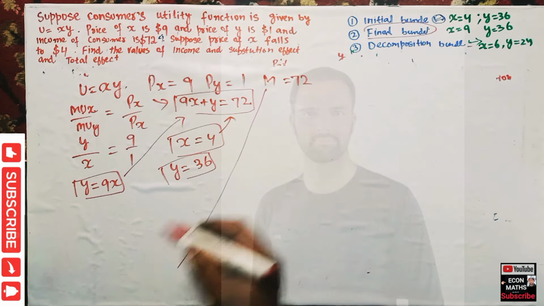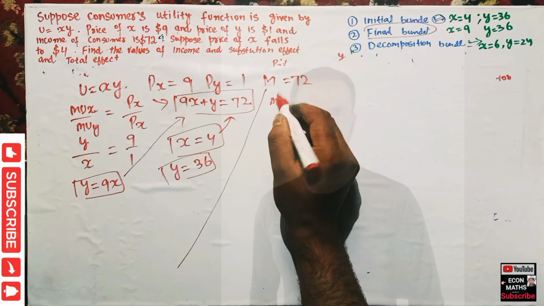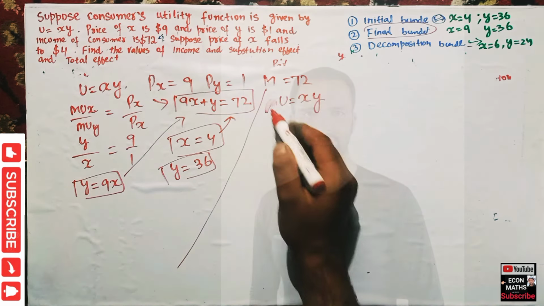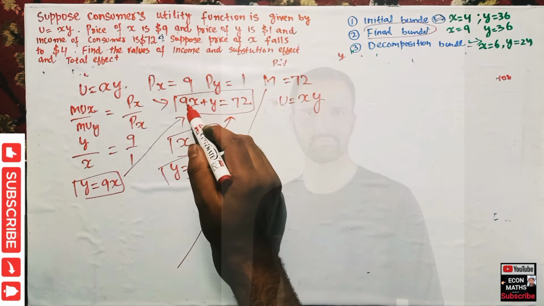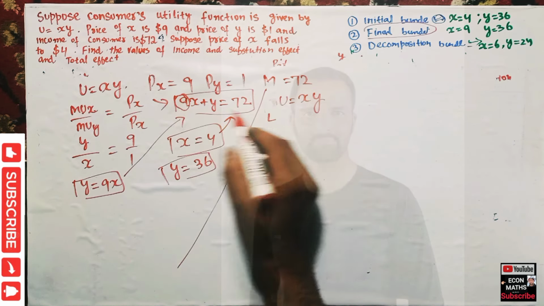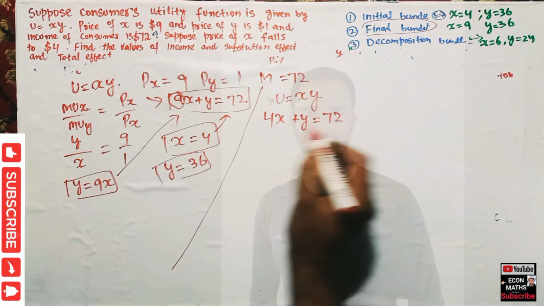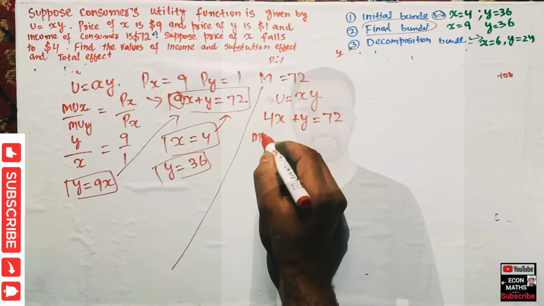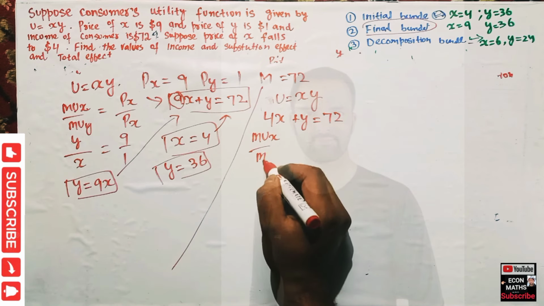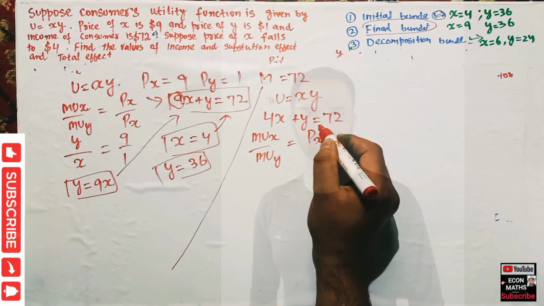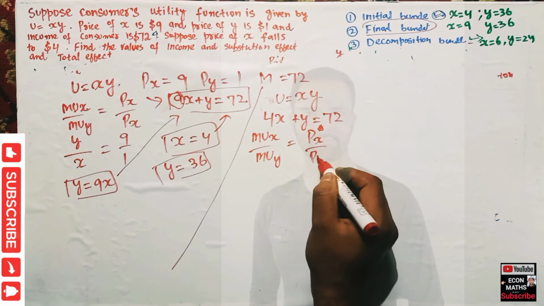For the final bundle, we were given the utility function u is equal to xy. Okay, and our new budget constraint was, because the price of x has fallen to 4 in place of 9, 4x plus y is equal to 72. Using the tangency condition here, again the marginal utility of x upon the marginal utility of y should be equal to the ratio of the price of x, that is the new price, upon the price of y.